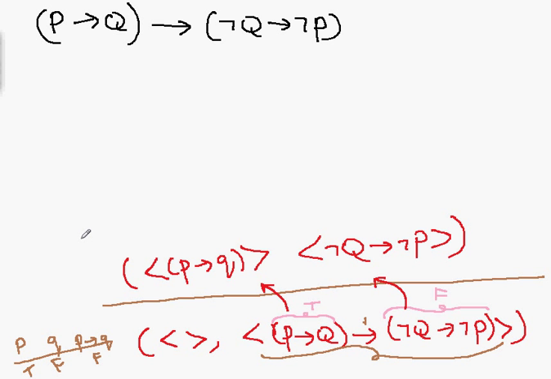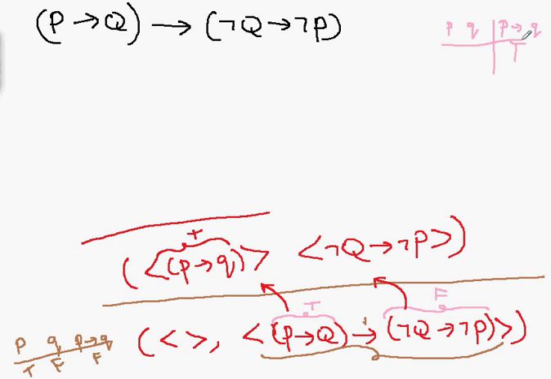Now we should consider still more. That is, when will this part be true? This part will be true in many conditions, like when P is there and Q is there. When is P implies Q true?